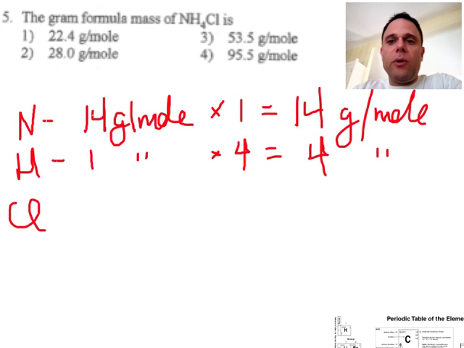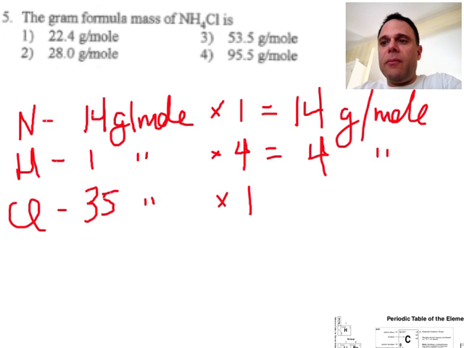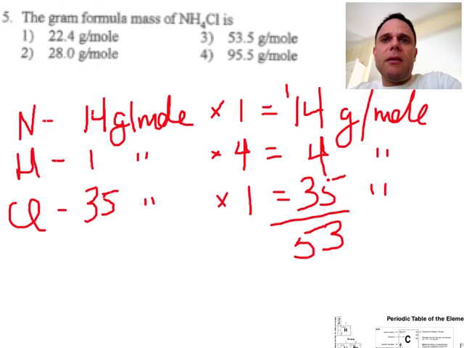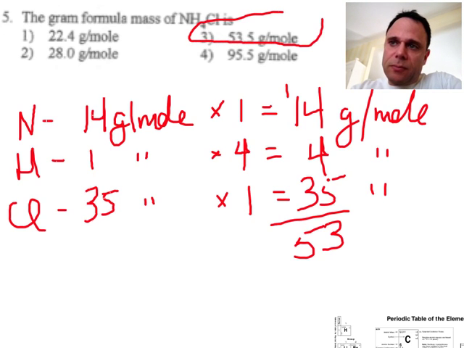And chlorine, we did say that that mass was 35 grams per mole, and we have 1 of them, giving us a grand total of 35 grams per mole. Add them together, 53. Now if I inspect these choices here, I notice that I do have a 53.5.